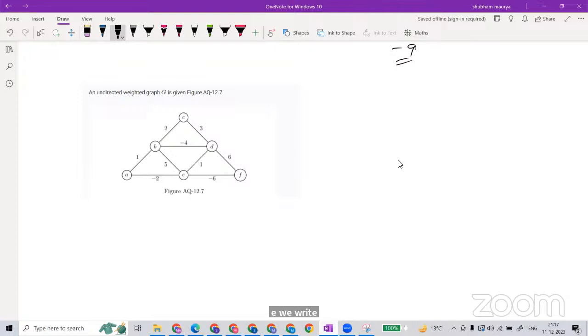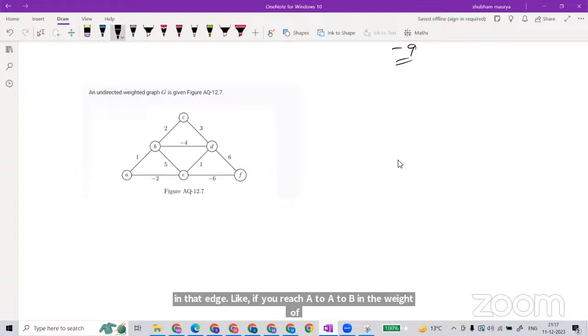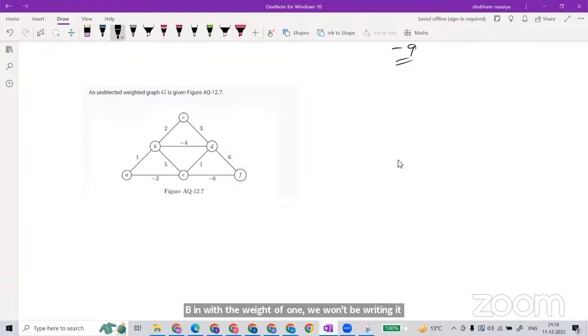If we have already reached that edge with a minimum weight, we will not write that edge again. Like if we reach A to B with the weight of 1, and A to D we have -4, so that was the minimum. We will not write E to D. It is 1. -4 is lesser than 1, so we will not write E to D.